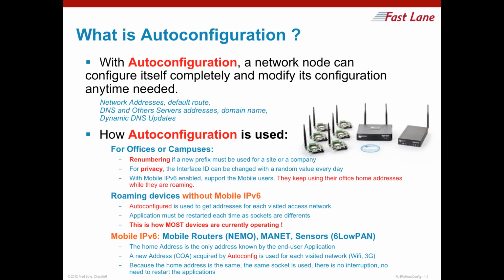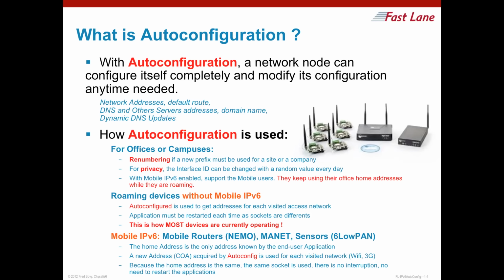So again, auto configuration is very important for IPv6. It is not only about getting a network address and a default route, DNS servers, domain name, and any other servers, but it is also about changing your configuration when needed.